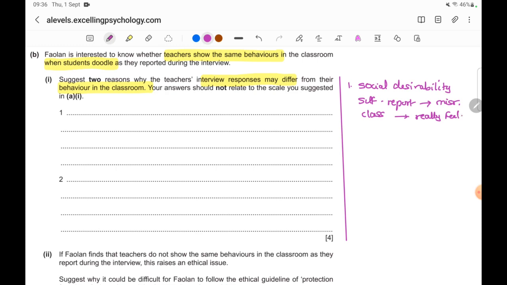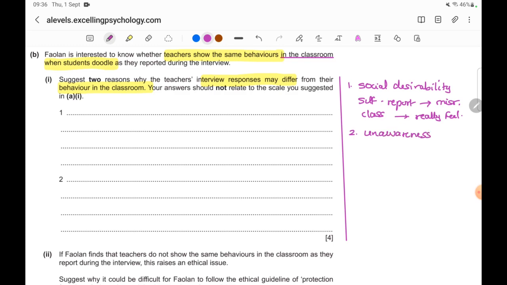And since the researcher is studying in the classroom in a real setting, this is a field observation. So the teachers might not even be aware that they are being observed. So they might not have had any opportunity to change their behavior to make it look favorable. Besides that, a lot of times when it comes to self-report, people are genuinely unaware of how they behave. So there's something we would call unawareness.